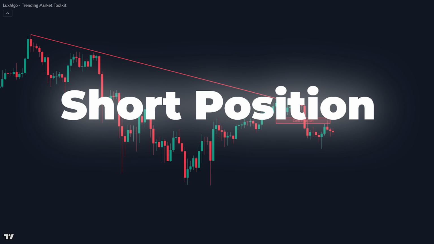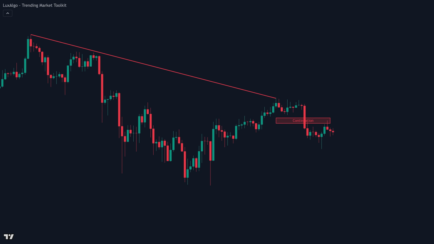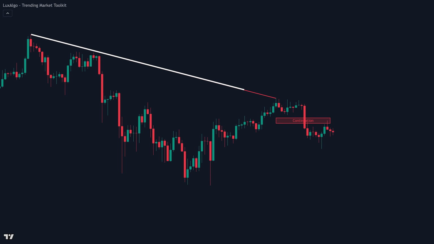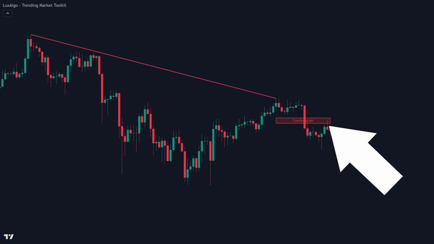Now for a short position, it's going to be the opposite. As you can see from the chart, we have a downward sloping trend line indicating a continuation of bearish momentum. Rule number 1 is that the indicator must show a red continuation zone. Rule number 2 is to see price retest the continuation zone.